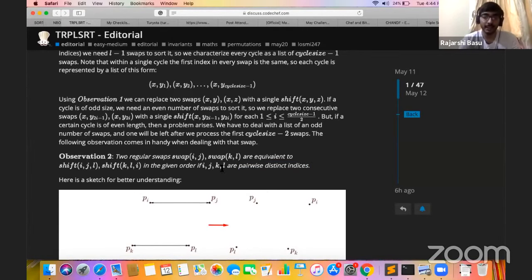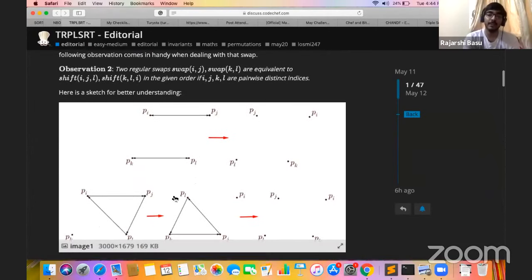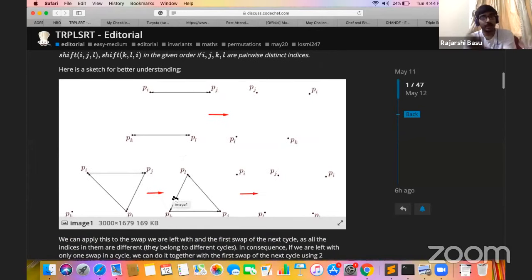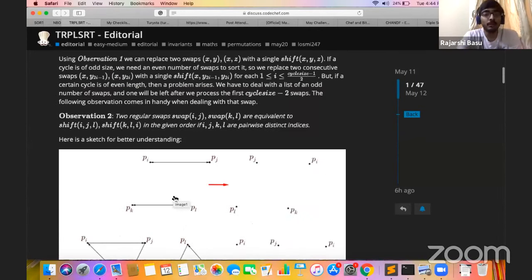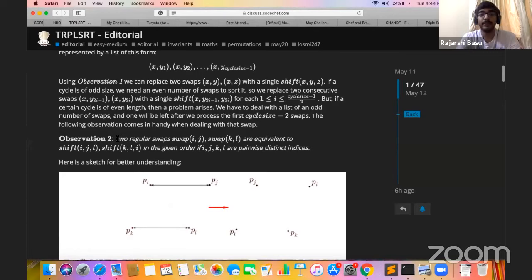If you have i, j, k, l that are pairwise distinct, then you can combine them together using two shifts, right? So ijl and kli. You have to come up with this by hand mostly, and then there's an example given here for clarity. But yeah, this is the key part of the problem.